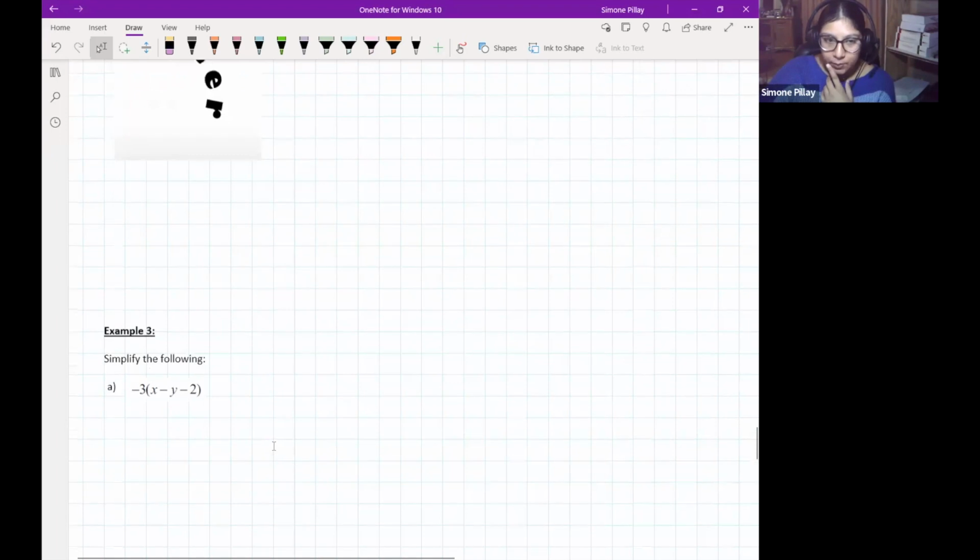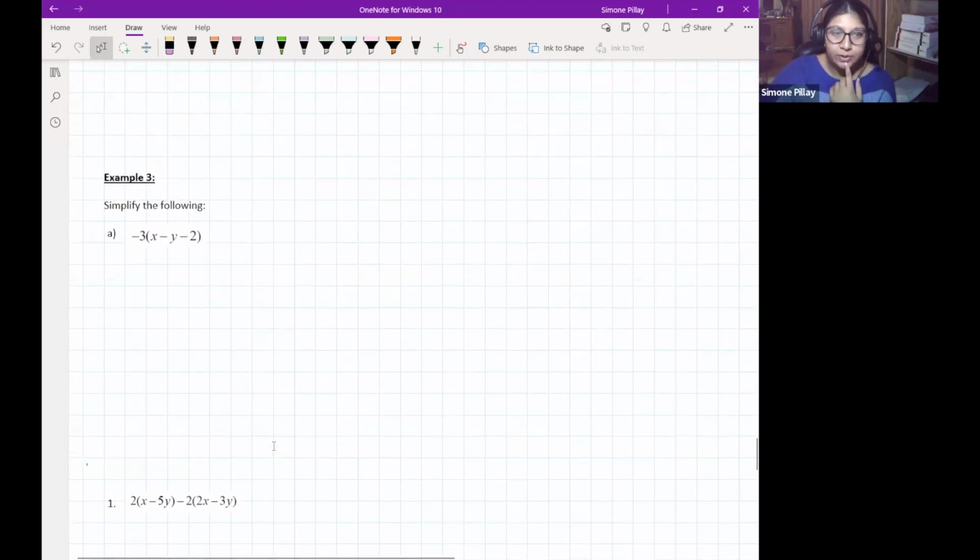Okay. I think we can do these next two before we go. So if we look at this, we have more algebra. This is also an expression. Somebody tell me how many terms are in A? If we're looking at A, how many terms are in this expression right now?